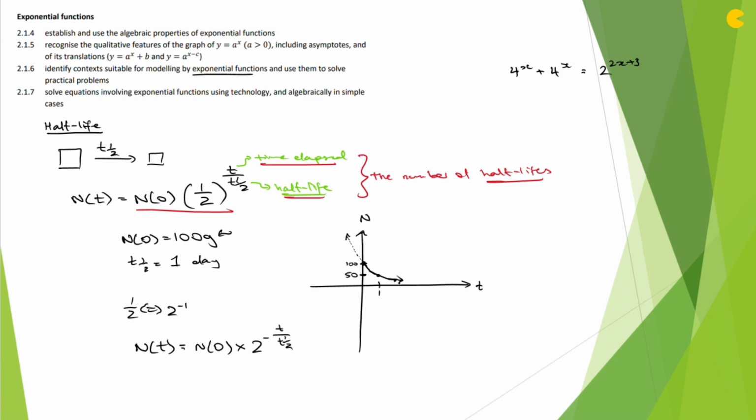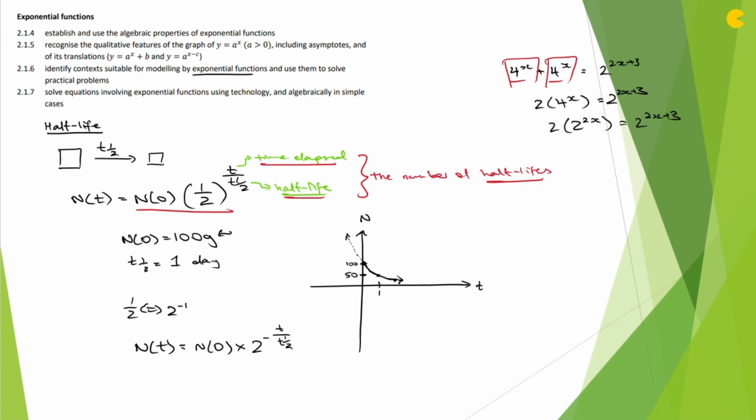We also see that we've got 2 of these. So one box here plus another box here. And so we can equally write that as 2 times 4 to the x equals 2 to the 2x plus 3. And so using our exponential laws, we have 2 times 2 to the 2x equals 2 to the 2x plus 3.